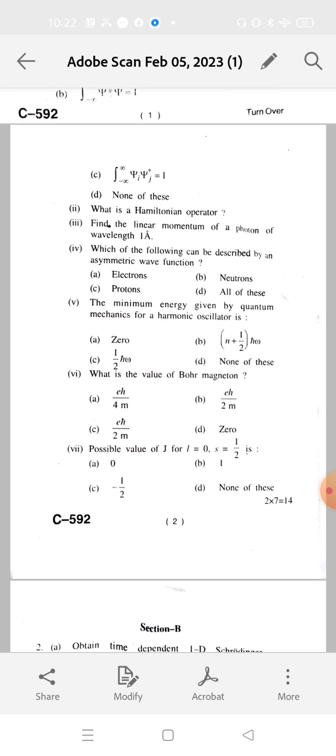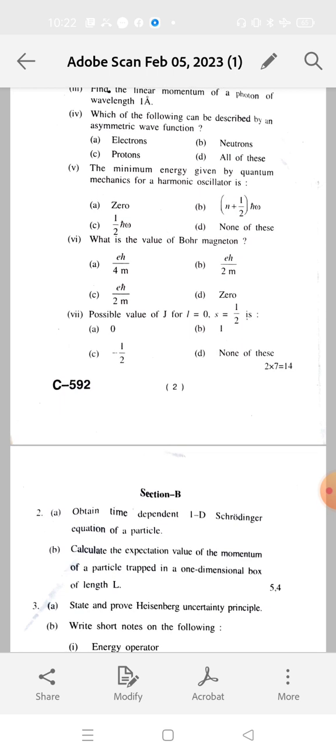Next part is possible values of J. J is total angular momentum quantum number, and the possible values of J for L equal to 0 and S equal to 1 by 2.